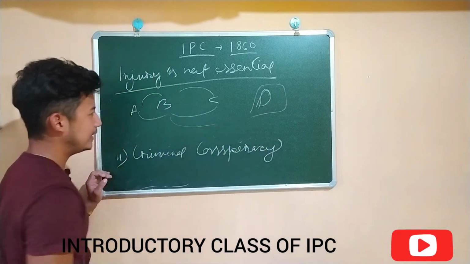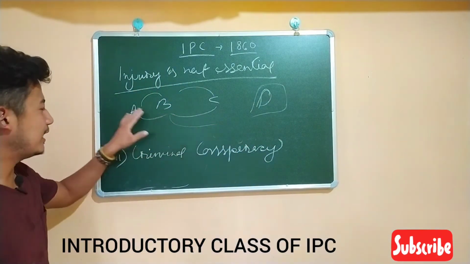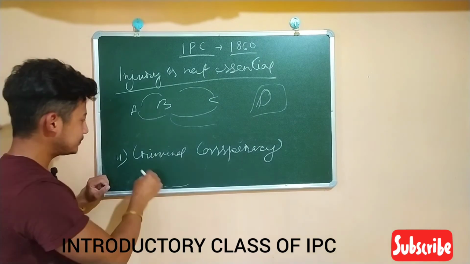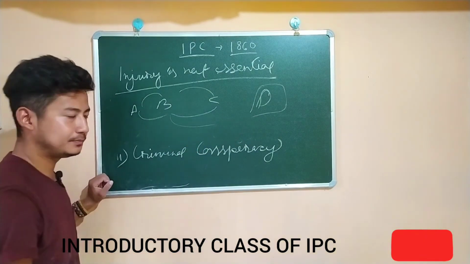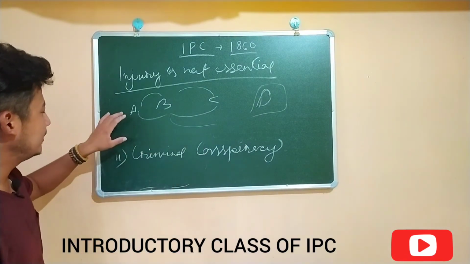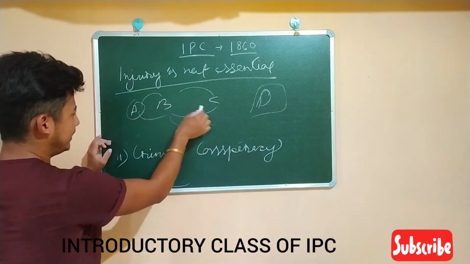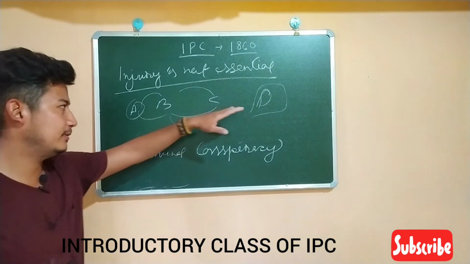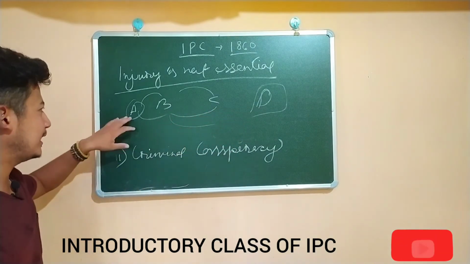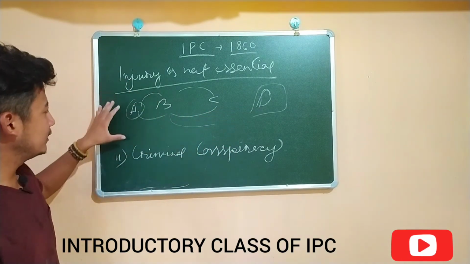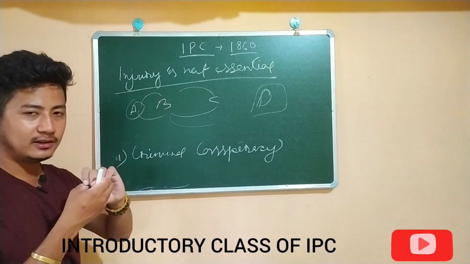They have conspired that A will abduct D, and B and C will go and commit the theft in his house, and once he comes back, A will release him. Okay, so that is a conspiracy, that they have created a conspiracy.